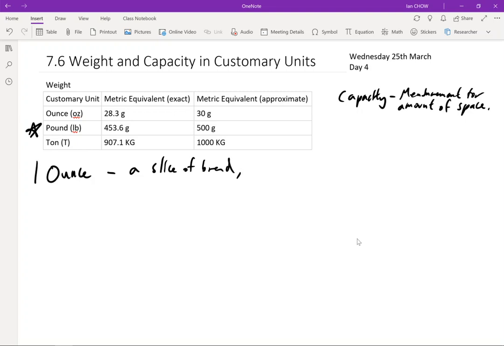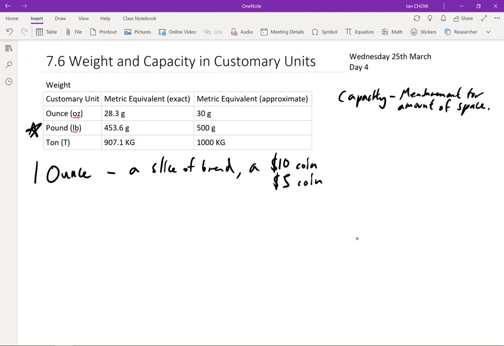That's the one the textbook uses. A slice of bread, maybe that's 1 ounce. Also, if you have a thick $10 coin, maybe that's also an ounce. I'm talking about the Hong Kong dollar coin, by the way. That's the heavier one, right? Or is it the $5 coin? Either one of those is probably an ounce as well.